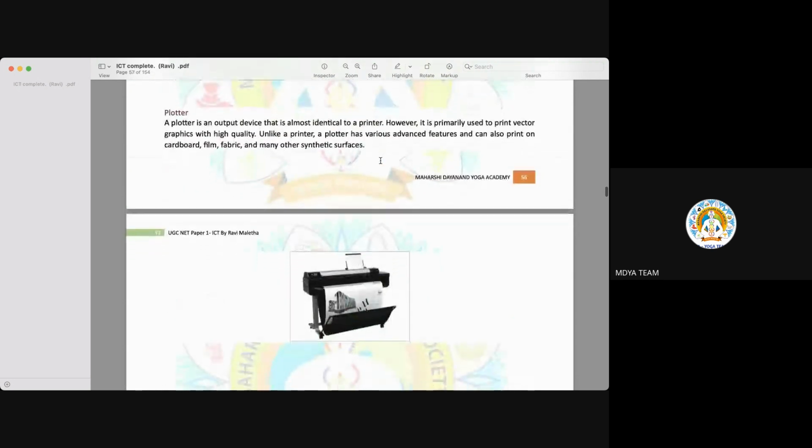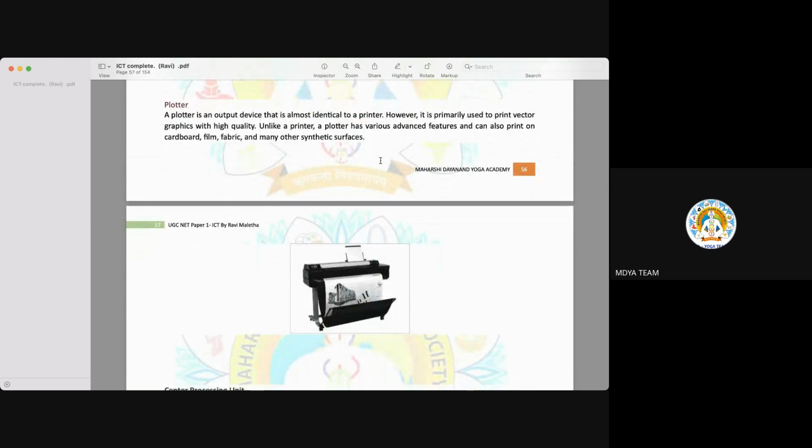Then there is a plotter, which is again an output device, identical to a printer, but it is primarily used to print vector graphics with high quality, unlike a printer, because a plotter has various advanced features. So you can get the three-dimensional look, and also print on cardboard, on film, on fabric.